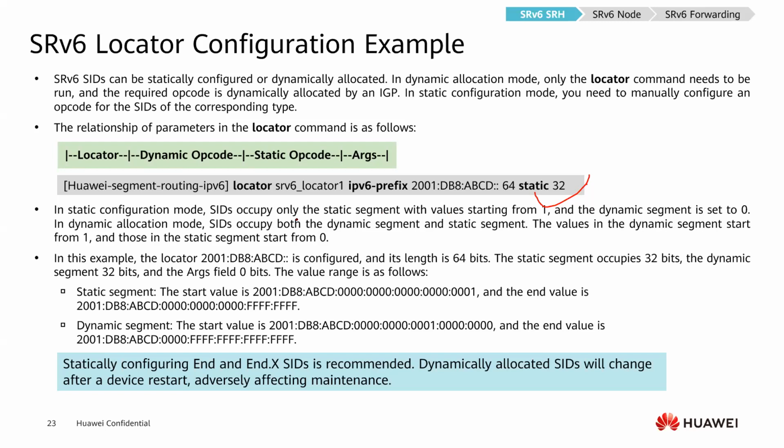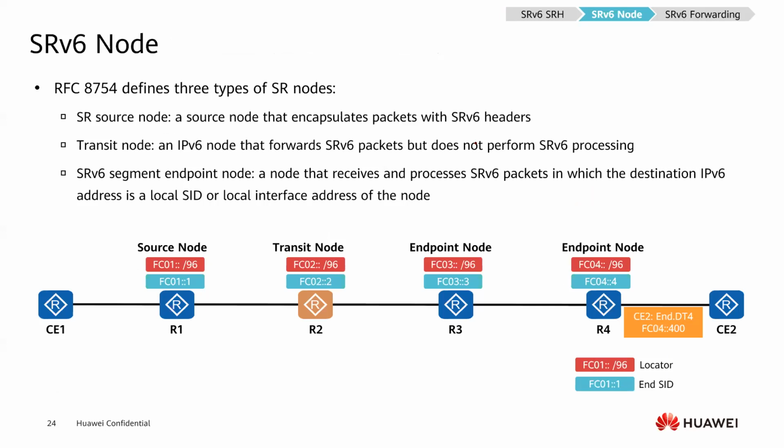Let's continue. Just with the SRH, just with the header, how do we do the forwarding? If we want to forward the SRv6 packet, first we need to understand the SRv6 nodes.